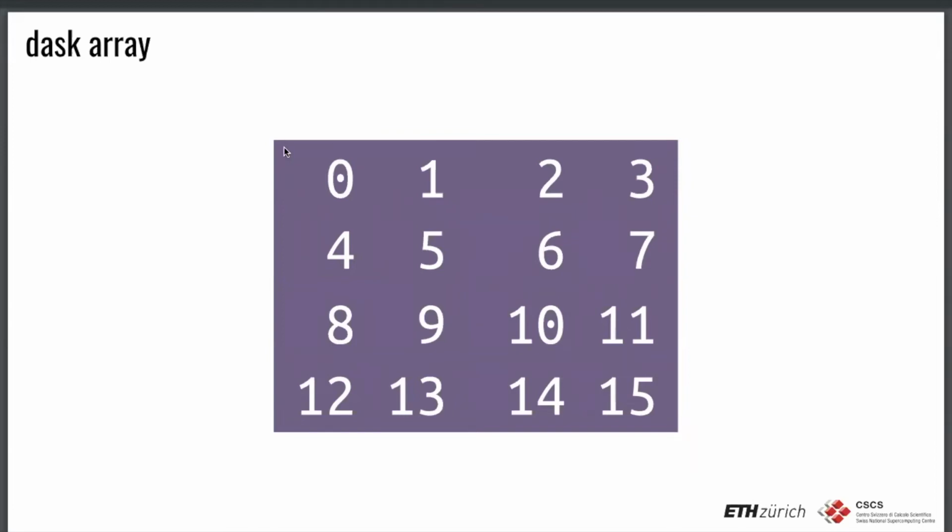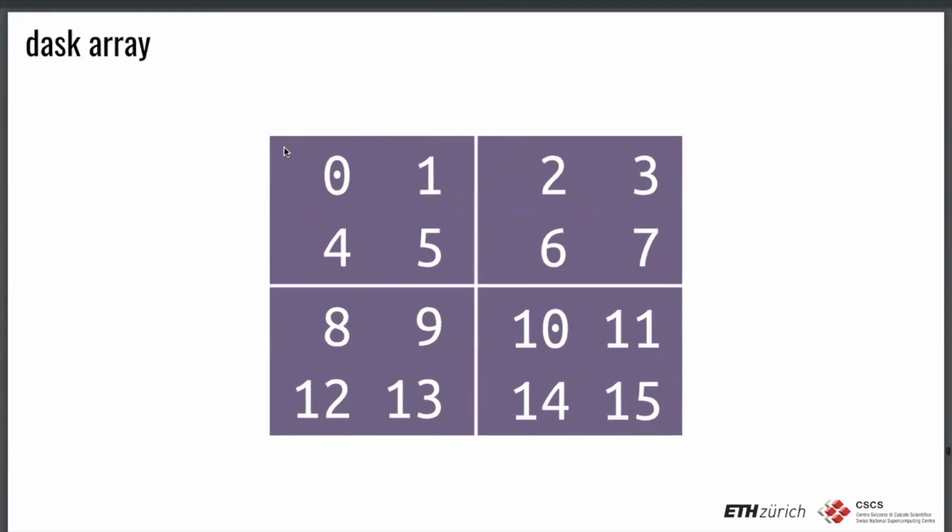The Dask array implements the NumPy array, but as I said before, all the backend and everything is based on the Dask delayed, on the graph execution, and all the algorithms, even if the API is the same, everything is implemented by blocks.